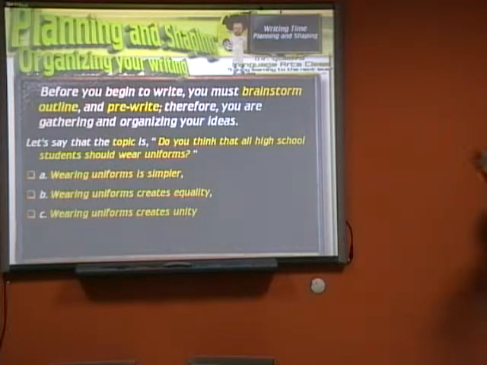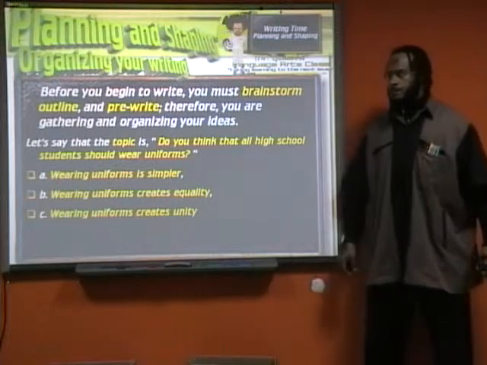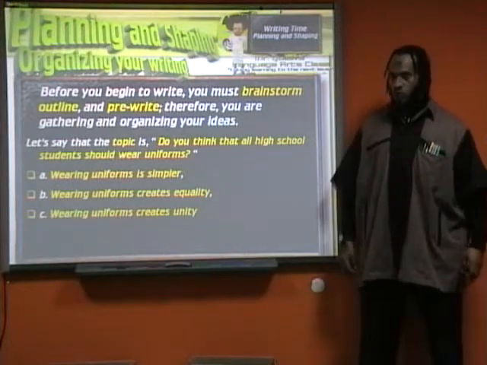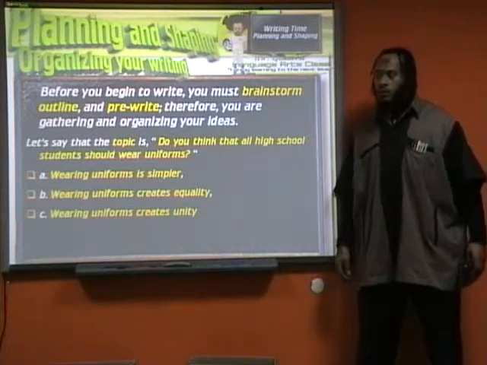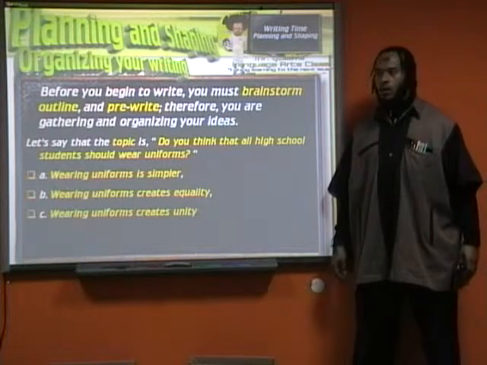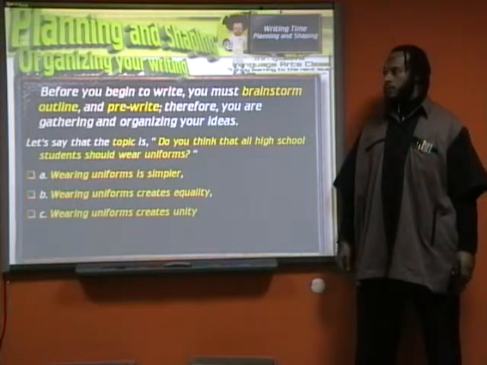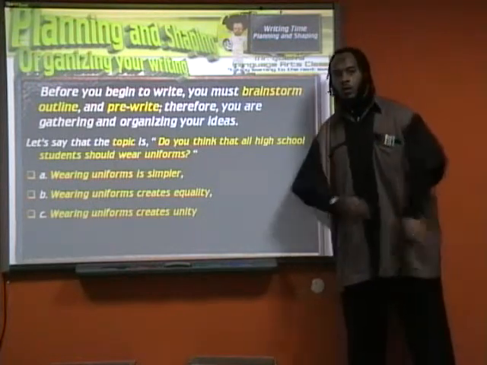We actually learned it in first quarter. We mentioned it yesterday. The basic rule for paragraphs. No, that's the format. I want the rule. You wrote it down yesterday.